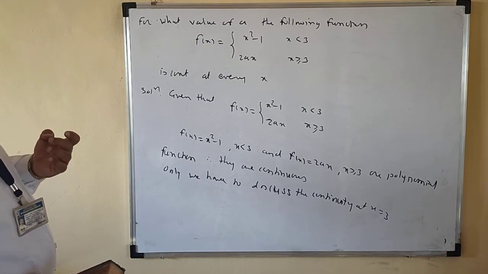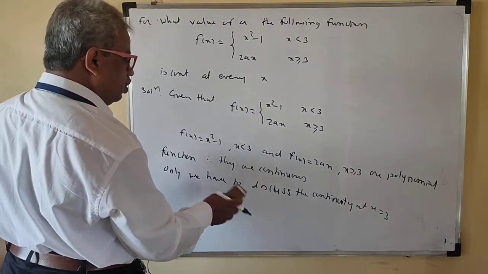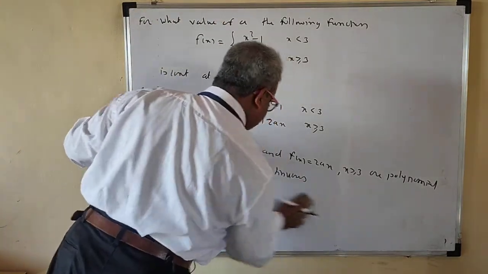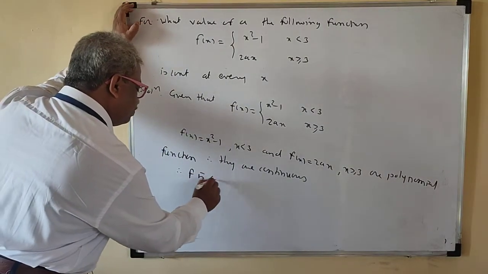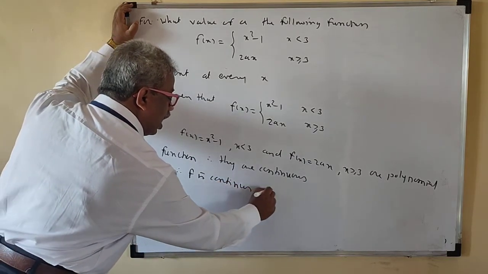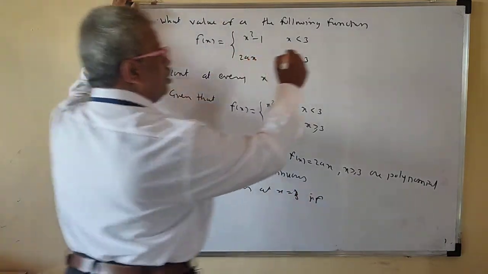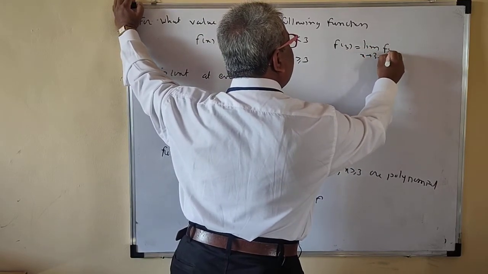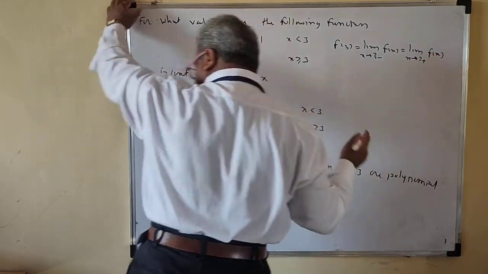Okay, so therefore f is continuous at x is equal to 3 if f of 3 is equal to limit x tends to 3 minus f of x is equal to limit x tends to 3 plus f of x.